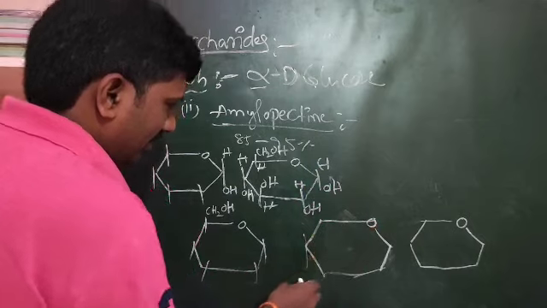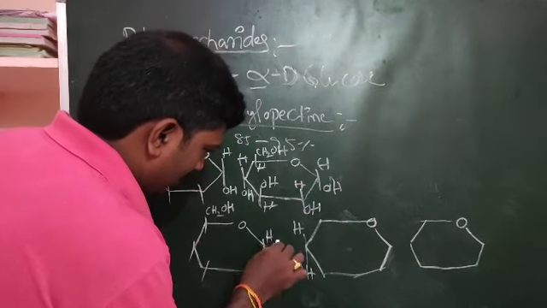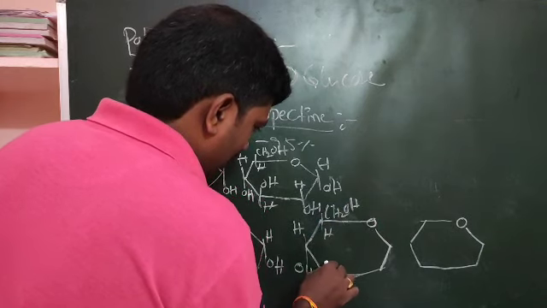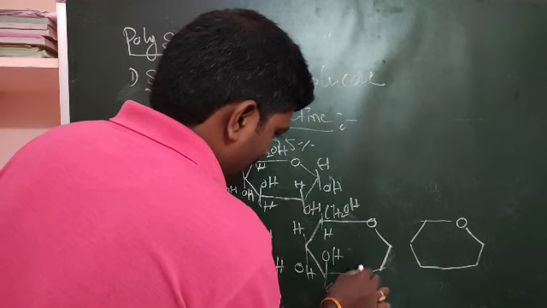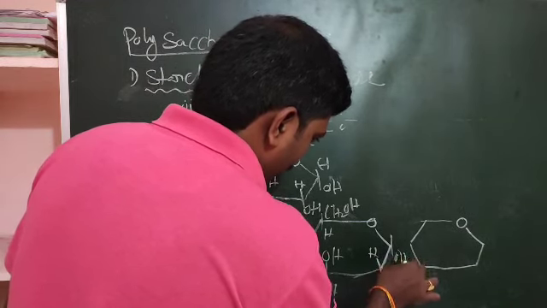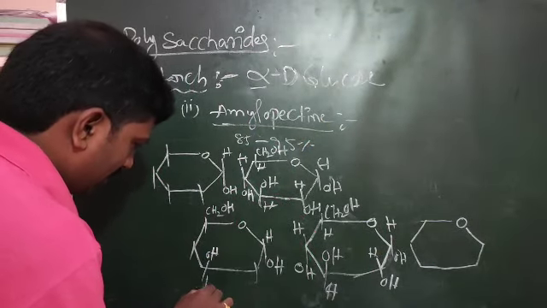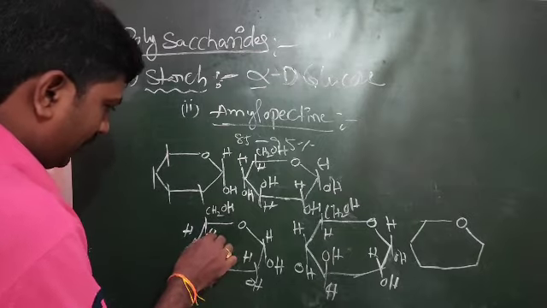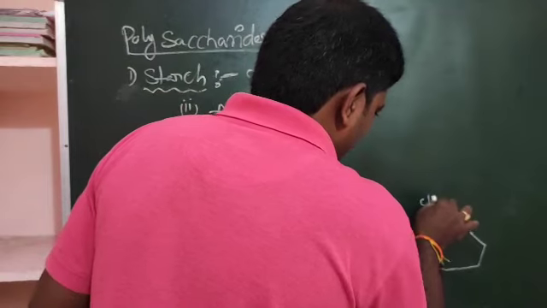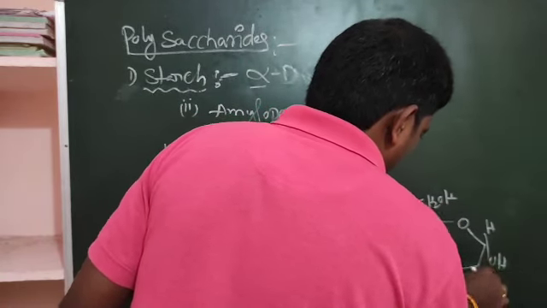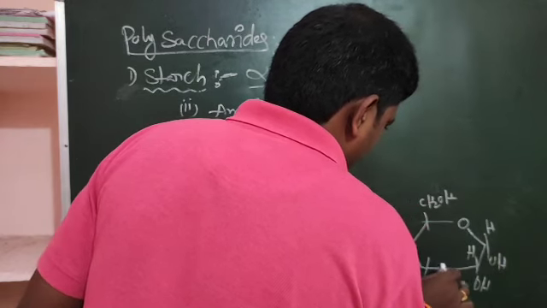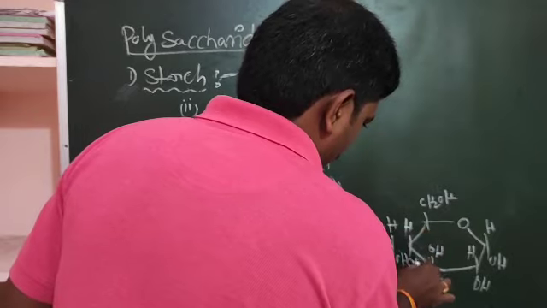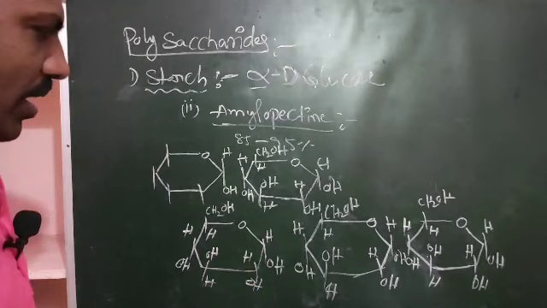So H, OH like this. Here H, OH, H, OH, here CH2OH, H, OH, H, here H, OH, OH and H. I am writing all like this: OH, H, OH, here one H. Then this one CH2OH, H, OH and OH, H, OH, H, here one H. In this compound, what happened?